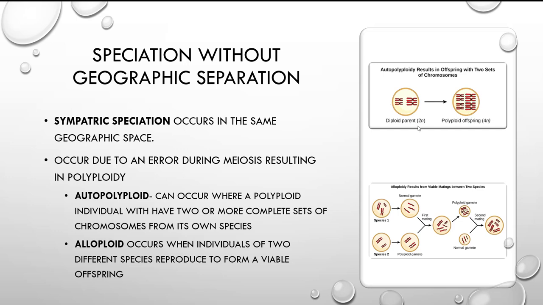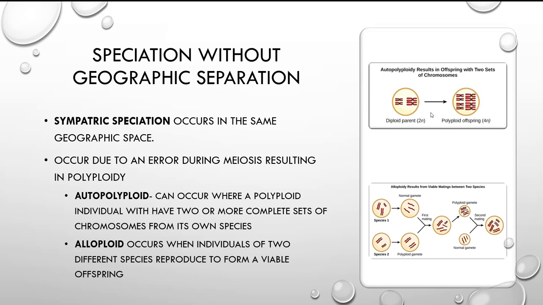The parent is 2N, the offspring is 4N. It's a tetraploid. It has twice as much genetic material as the parent. So it is a new species, okay? So this is what we consider an autoploid. It's a completely new species.